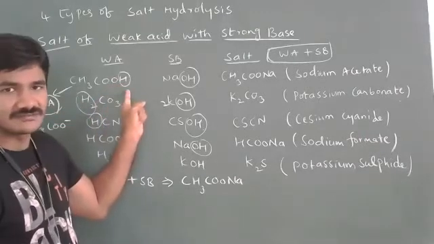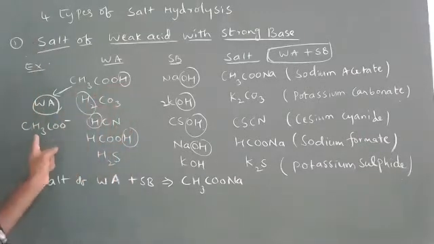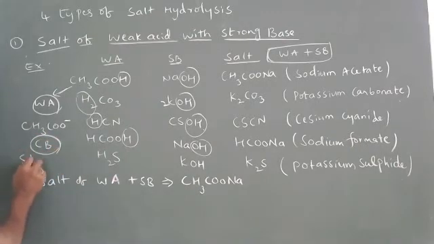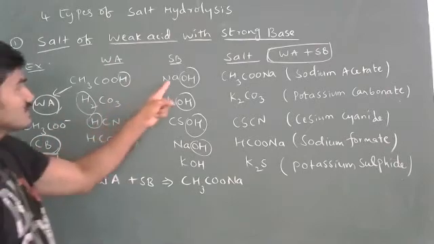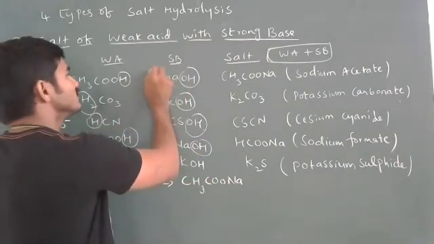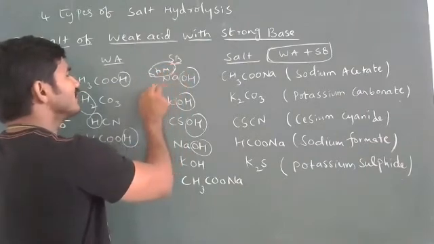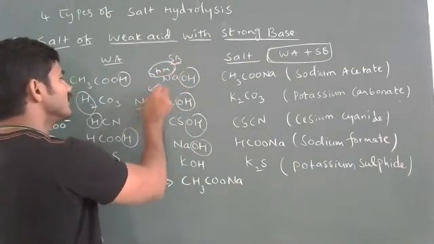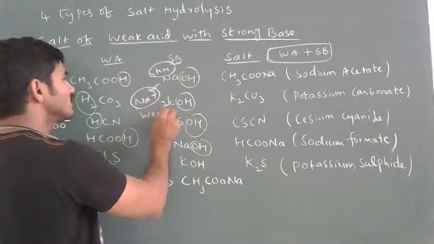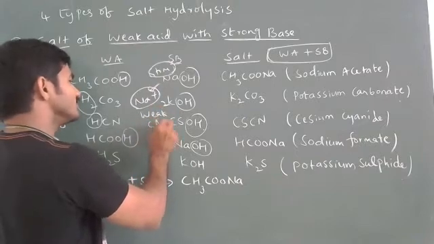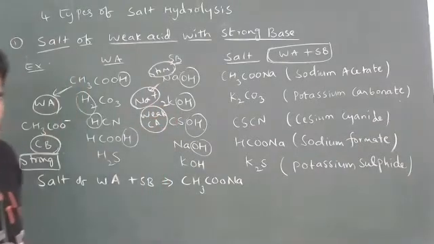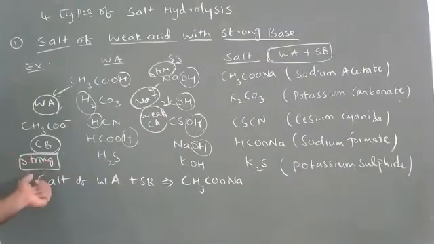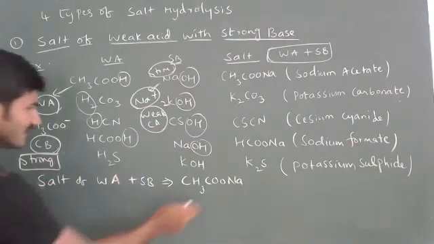Acetic acid is a weak acid, but after removing one proton, what we get is the conjugate base, and this conjugate base is very strong. Whereas sodium hydroxide is strong, and after eliminating OH, what we get is Na plus, which is a weak conjugate acid. So always strong substances undergo hydrolysis.